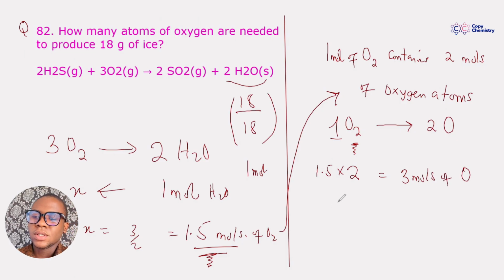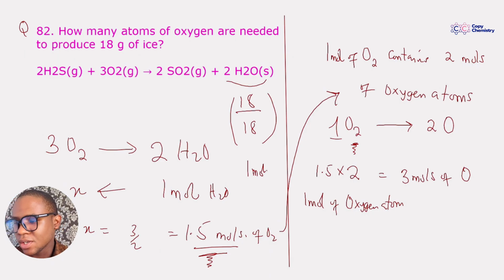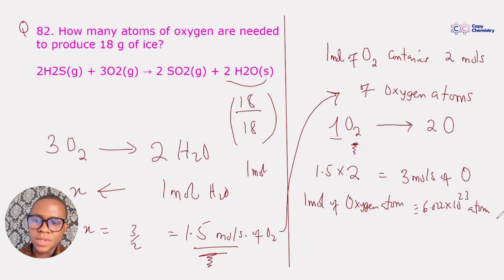Okay. Now, 1 mole of oxygen atoms, that is the quantity of oxygen atoms, contains plenty of small atoms inside. Okay, so how many exactly? It's actually 6.022 times 10 raised to the power 23 atoms. That's the amount of atoms in 1 mole of oxygen atoms.